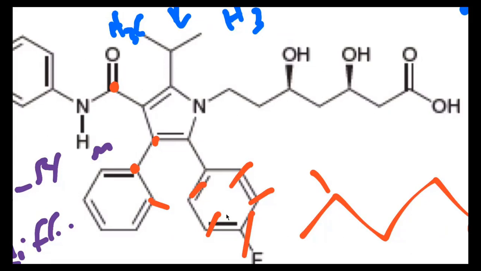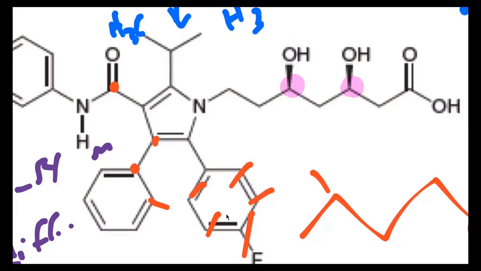So where are our chiral centers? We're going to leave the nitrogens out because that's a sometimes. Sometimes it'll be chiral, sometimes it's not, depending on certain other circumstances. But we know for a fact that we have chiral centers here and here. For a chiral center, it doesn't have to be carbon.